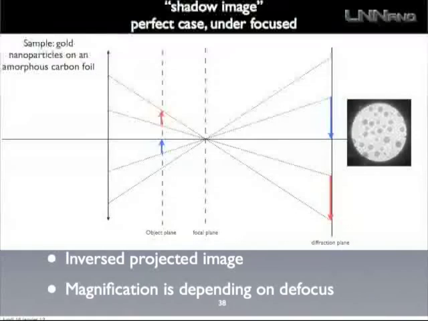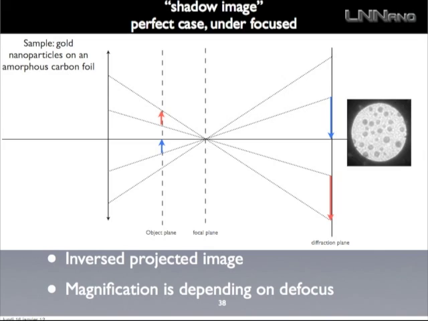It's an image of a carbon foil with some nanoparticles of gold, maybe 20 nanometers in diameter, 10, 20, 30, whatever. And this image has been made in the diffraction pattern by imaging the central spot. If you have ever done SAED or things like that, it's what people call the shadow image. So you really have an image of your sample.